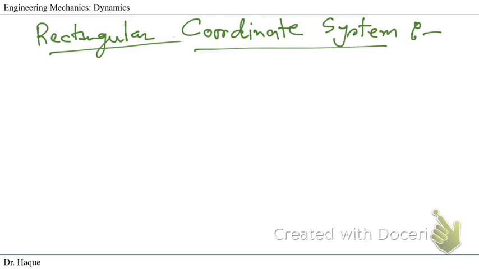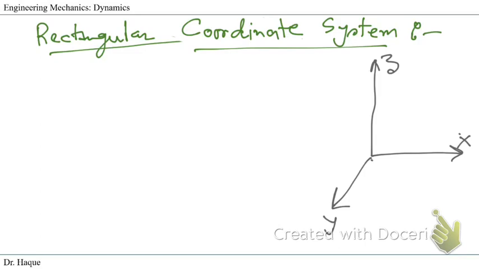So let us draw a rectangular coordinate system. We know it consists of x, y, and z. So this is x, this could be your y, and this could be your z direction.